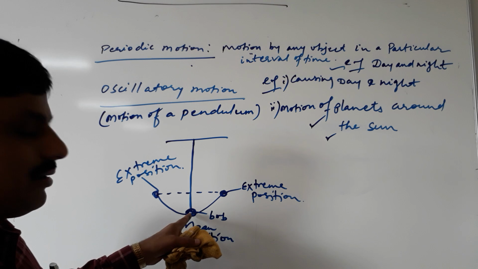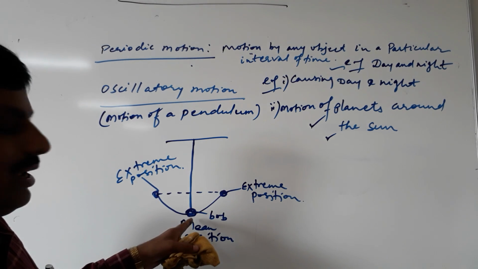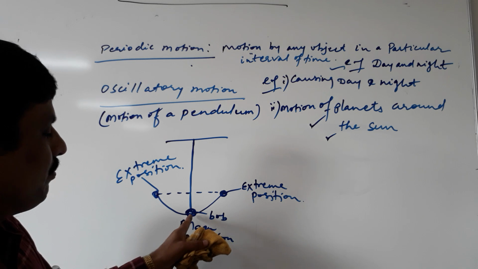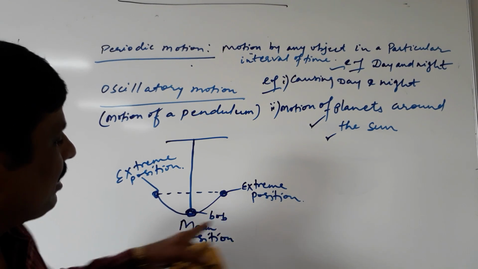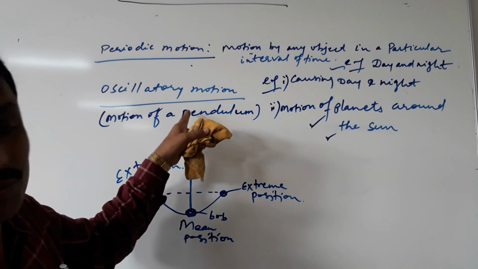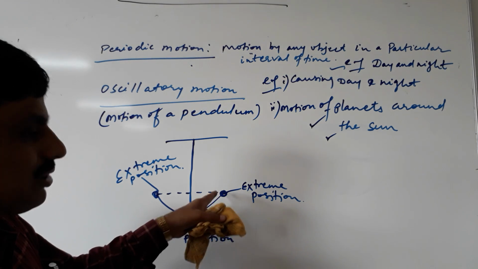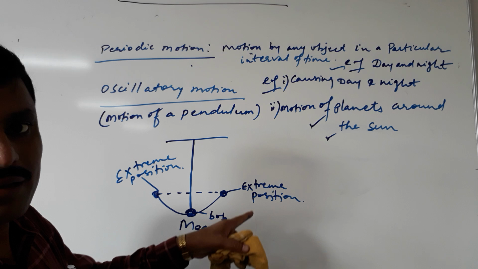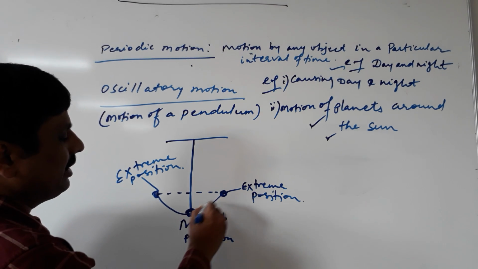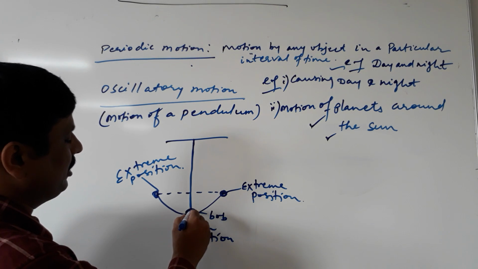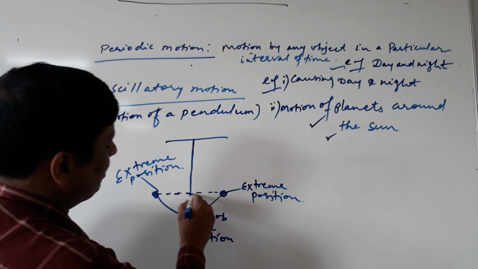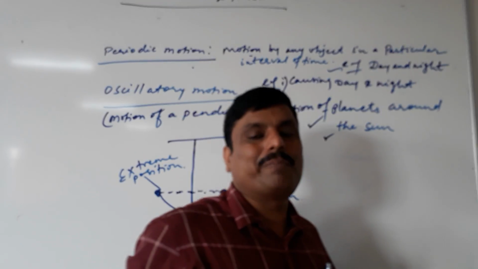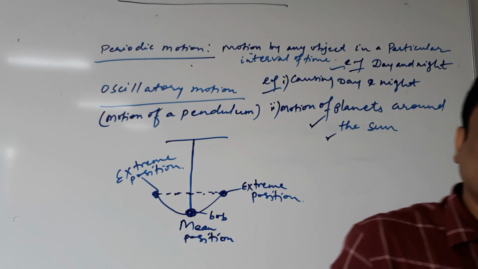A bob hanging by a thread, if we push that ball, will show oscillatory motion, because the bob goes through the same path again and again: first mean, then extreme, then extreme, mean, then extreme, repeating the same path. This type of motion shown by the bob of the pendulum is oscillatory motion.